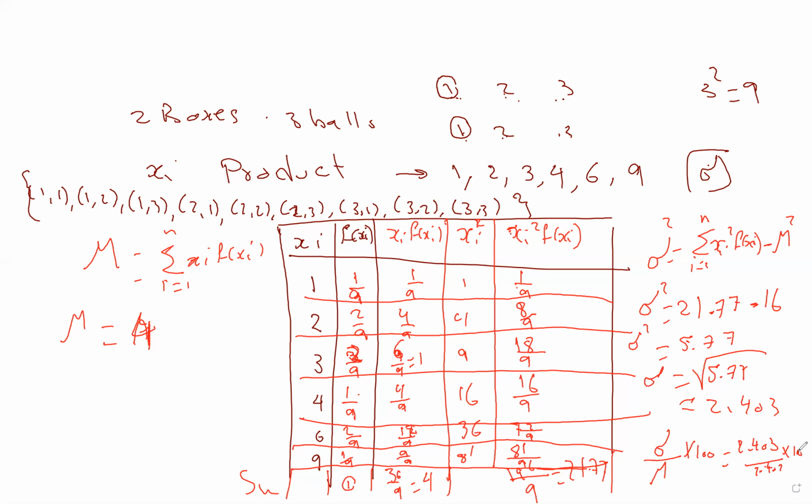Okay, approximately equals 6. So the coefficient of variation will be 6, and try to revise the answer.